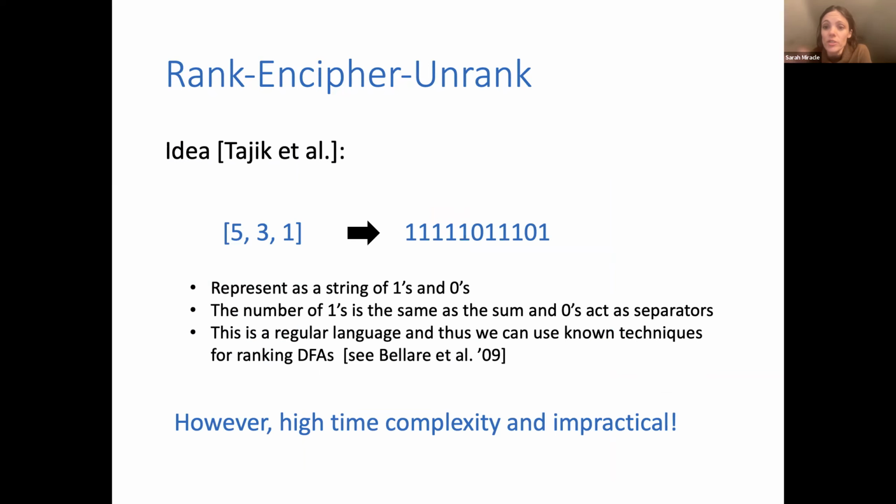The zeros serve as our separators, so we'll have one less 0 than there are points in our vector. Then our second number is 3, so we would have 3 ones followed by our separator and then our final one. If we represent our vectors of integers as binary strings in this fashion, then this is a regular language, and there are some known techniques we can use to turn this into an encryption scheme.